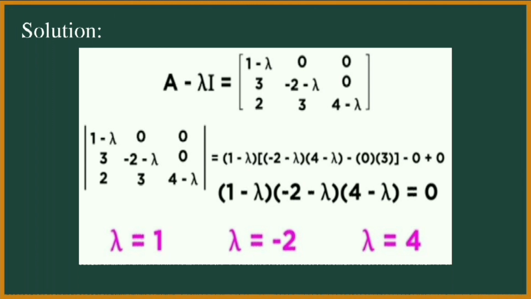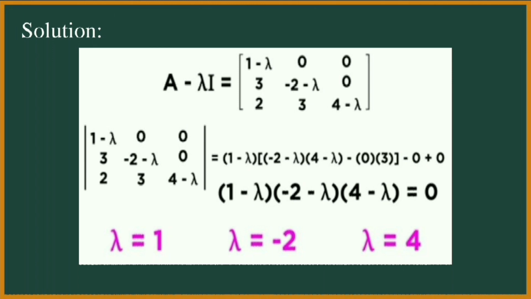So we have 1 minus lambda, 0, 0, 3, negative 2 minus lambda, 0, 2, 3, 4 minus lambda, and after that we need to find the determinant of it. So we have 1 minus lambda times negative 2 minus lambda and 4 minus lambda, minus 0 times 3 minus 0 plus 0.